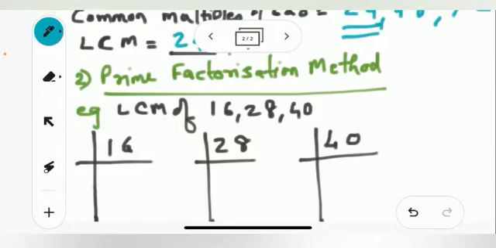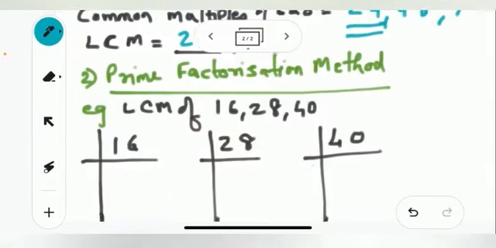Then we will identify which of them are common prime factors. We will select the common prime factors and then find the product of these prime factors, meaning you will multiply all the common prime factors, and the answer we get will be the LCM.